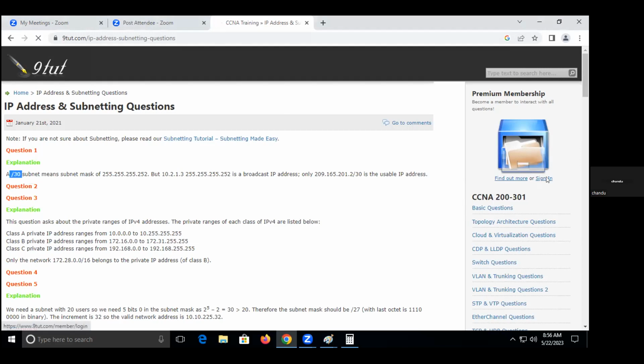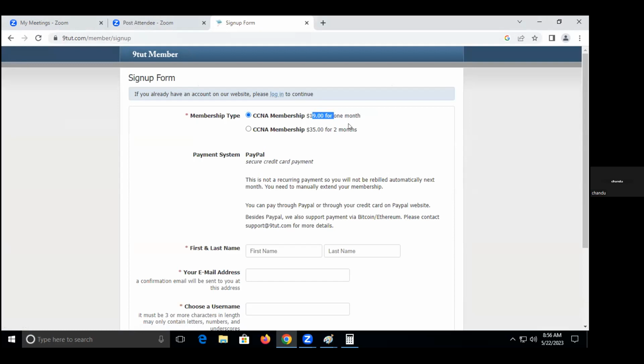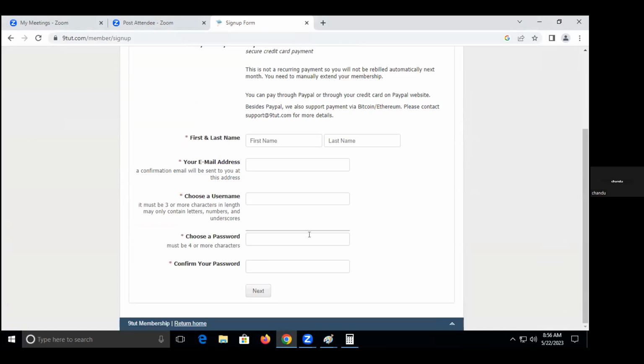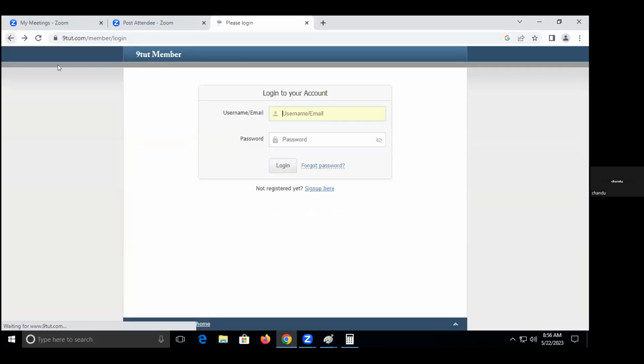Here you need to sign in. If you have an account, type your username and password. If you don't have an ID, you need to sign up. They charge $19 for 1 month, 2 months $35. After the class ends in 2 days, I will inform you. Then you can register and start reading. Then you have a user login name and password, and they give you all the questions and answers. The site name is 92.com.